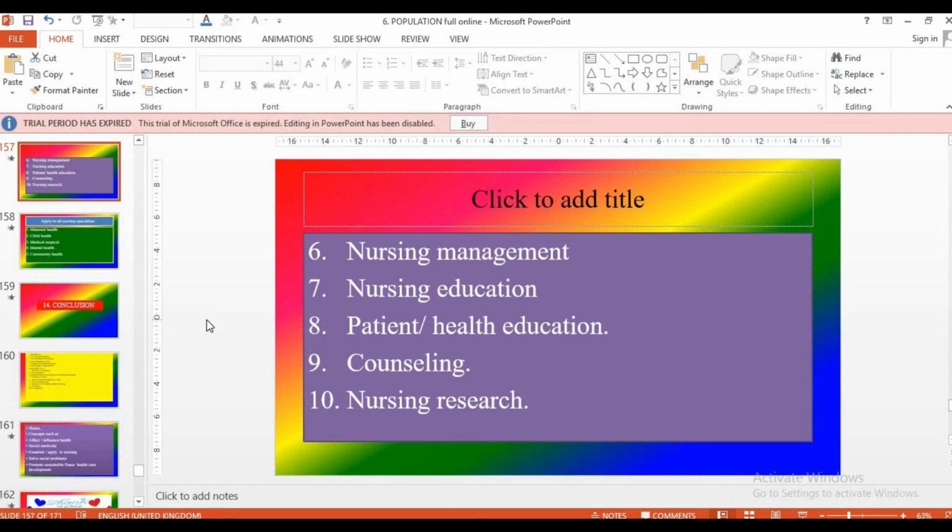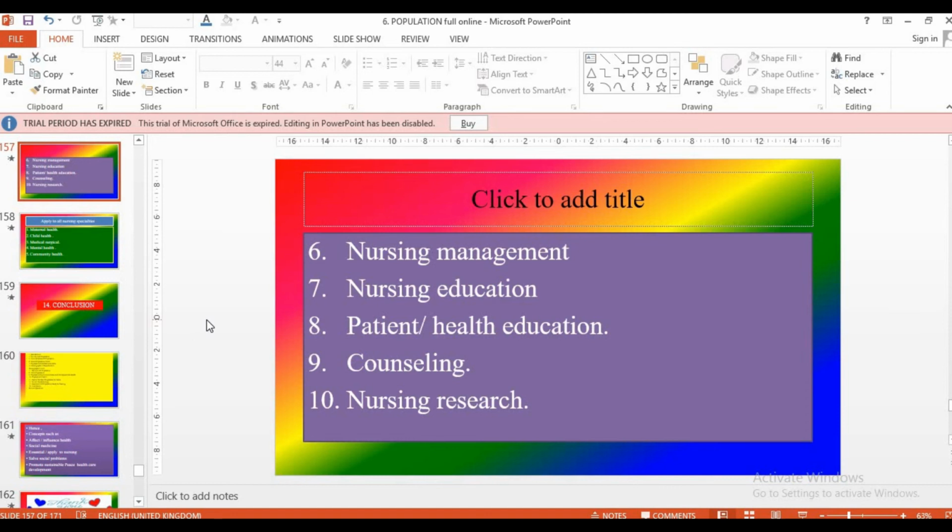Eighth one, mainly focus on this student-oriented nursing guidance, nursing education can create wonderful nursing professionals. Ninth one, health education. This is mainly concerning clinical aspect as well as community aspect.